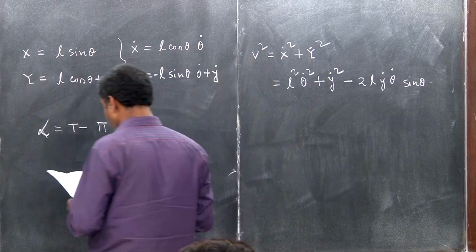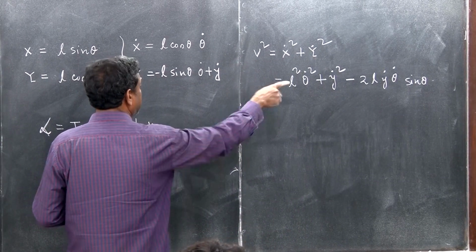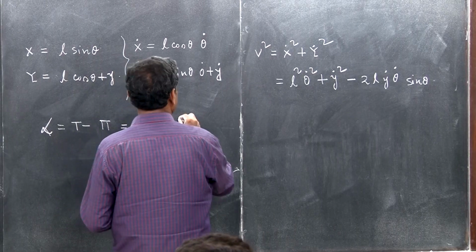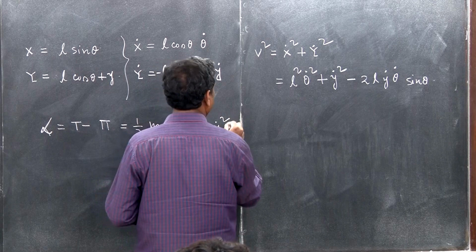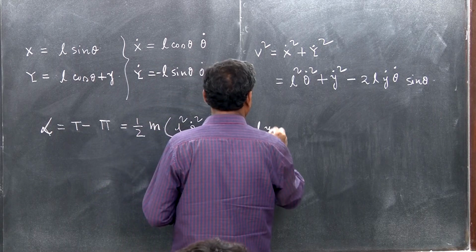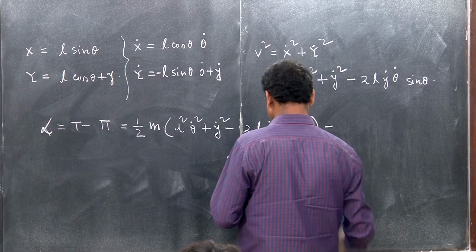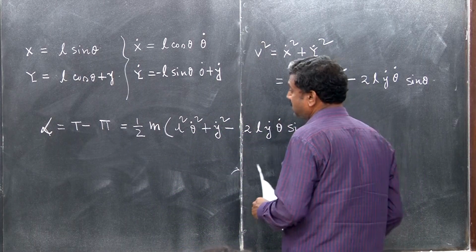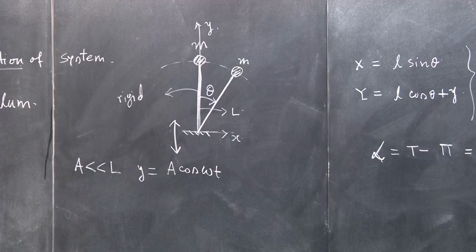When I am writing the Lagrangian, half m v square means this one: L square theta dot square plus y dot square minus 2 L y dot theta dot sin theta.